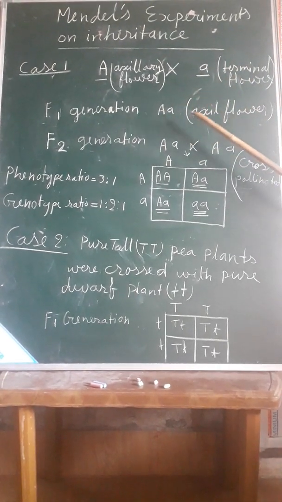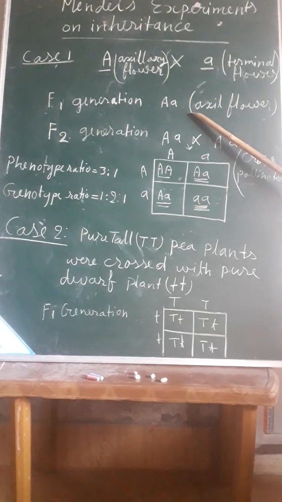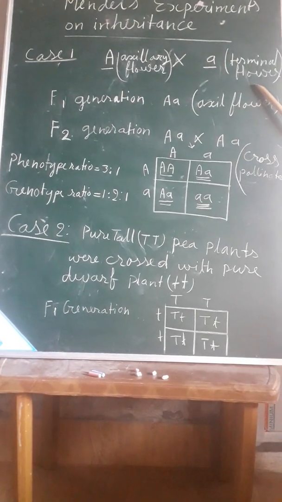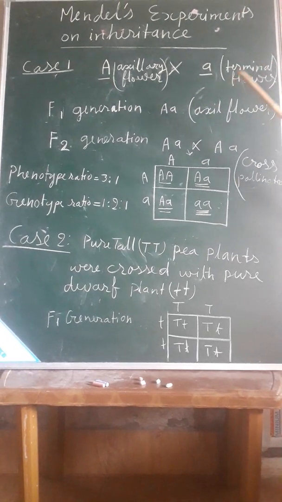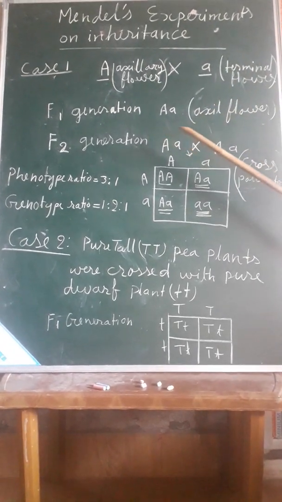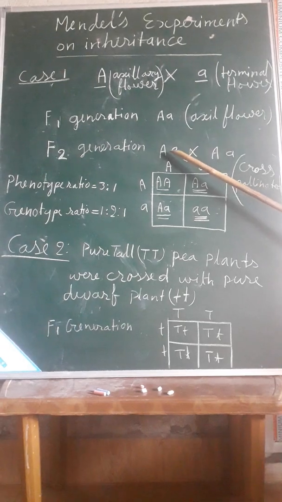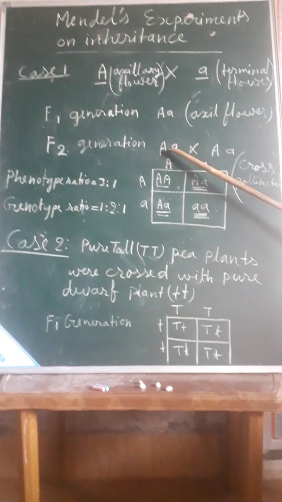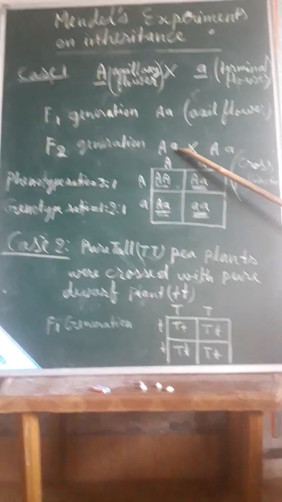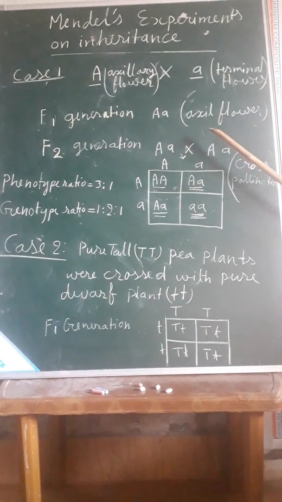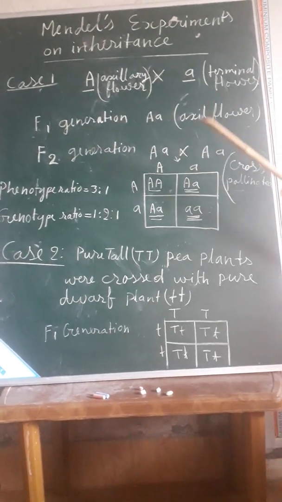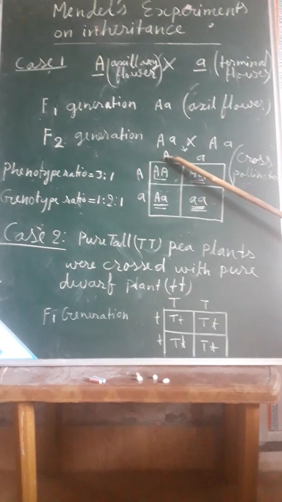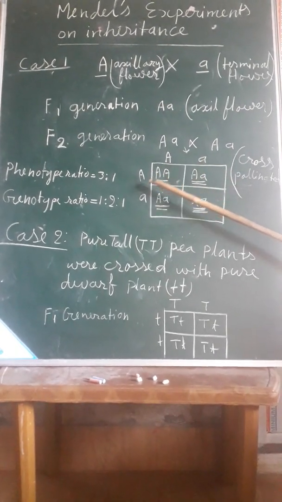In the F1 generation he got all seeds giving axillary flower bearing plants, and the same seeds were shown in the second generation, that is capital A and small a, which represent axillary flower bearing plant and terminal flower bearing plant. So in this chart you can see A and this A.